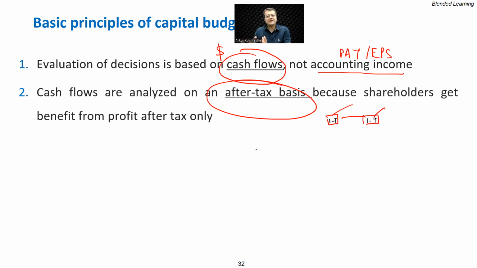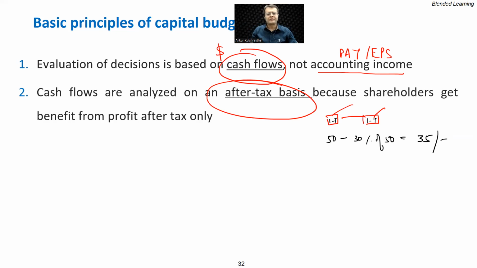What the finance manager sees is 1 minus t. So the tax rate is 30%. So 50 rupees minus 30% of this 50, effectively 35 rupees is the cost of that coffee to the finance manager. Everything that he sees is after tax.